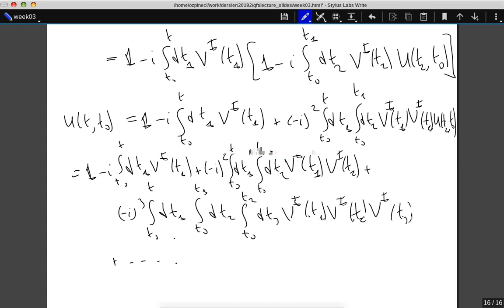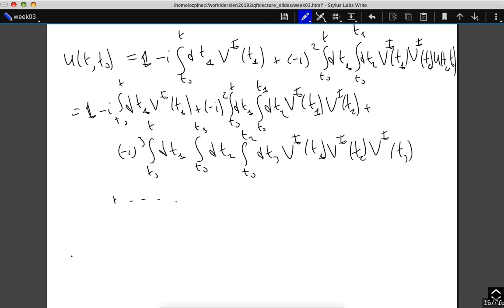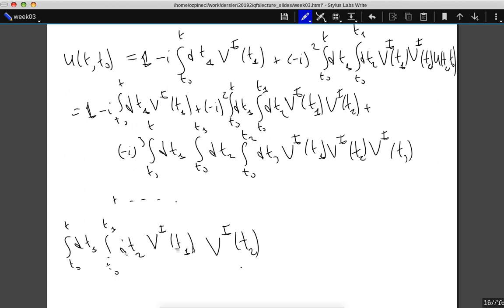In this form it is correct, but it will not be easy to write it down all the time or to manipulate it. But let's note one thing. Let me look at only the first of these terms: from t0 to t dt1, from t0 to t1 dt2, vi(t1) vi(t2).